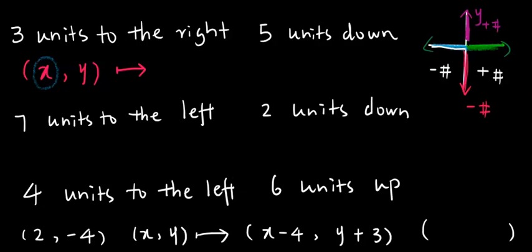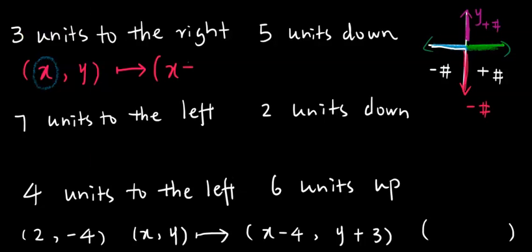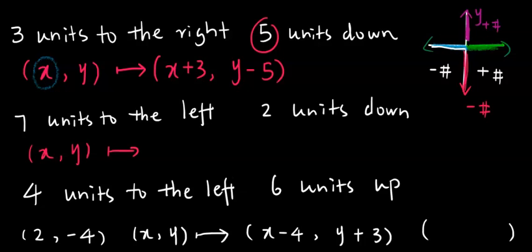So 3 units to the right means we're going to use x plus 3. 5 down. Remember, down is on the y-coordinate, on the y-axis. Therefore, we're going to minus 5. Good work.